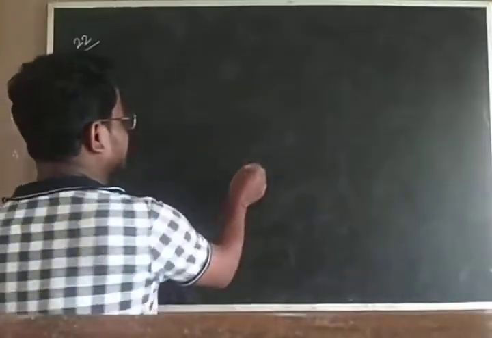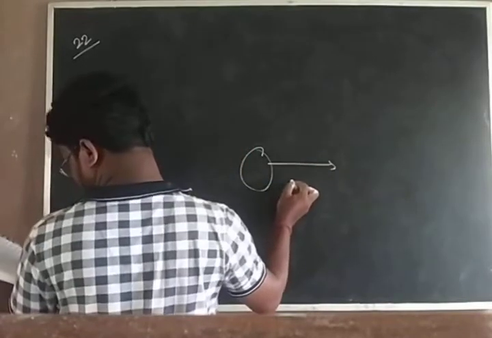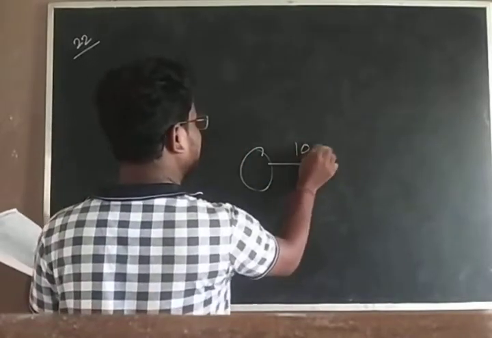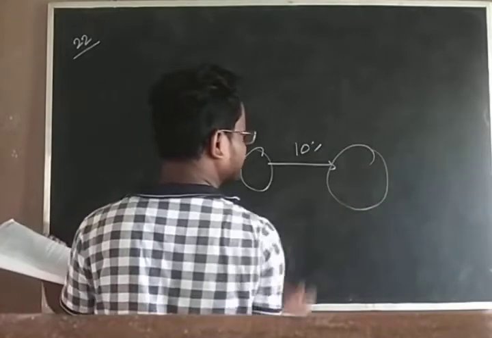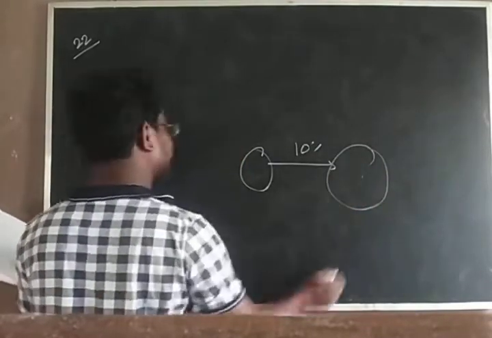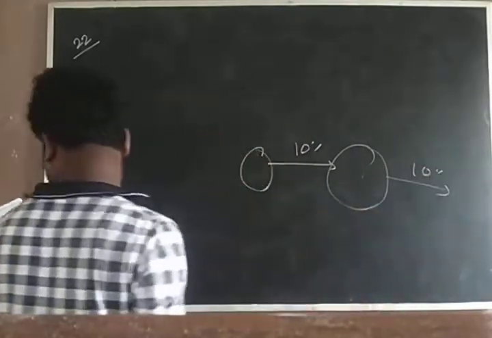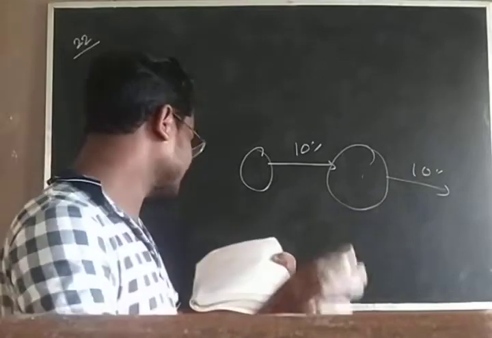First a price, suppose this price. At first you have to increase this price by 10%. Then you will get a new price. Now you have to decrease this price by 10%. Okay. Then what will be the final price? Is the final price same as the original price?